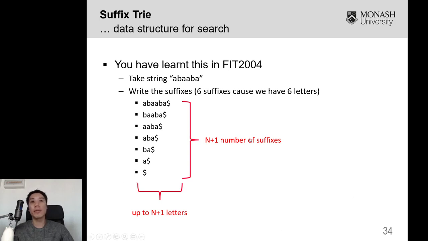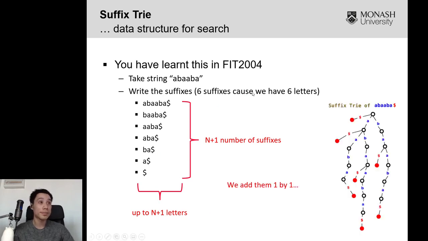For me to generate all my suffixes, my complexity is going to be O(n) squared, because I have n plus 1 suffixes, and each suffix can go up to n plus 1 characters. Which is why your complexity is O(n) squared. Then once we generate it in O(n) squared, we need to insert it one by one: A, B, A, B, A terminal.